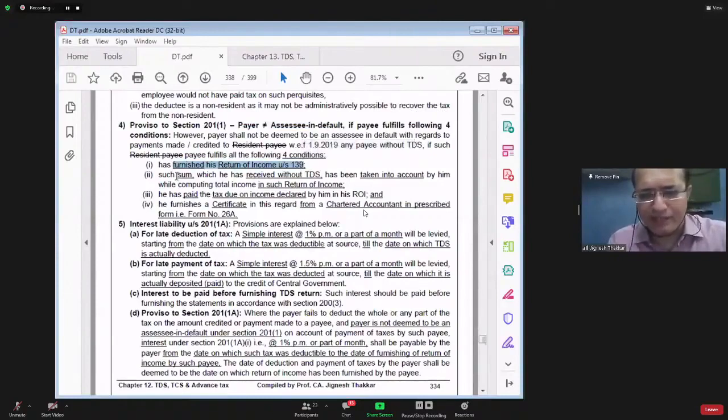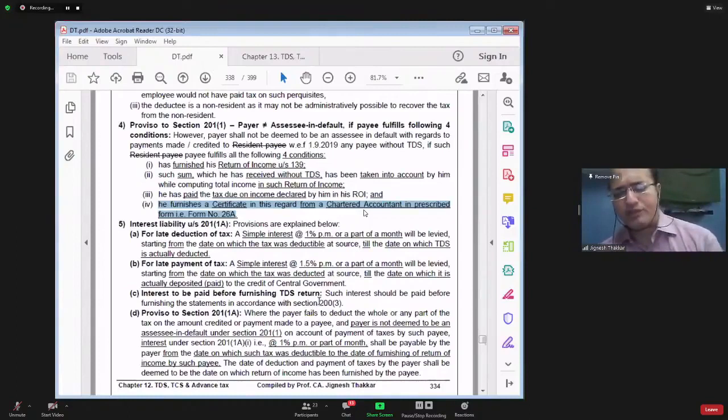Whatever amount the payee has received without TDS, the payee has taken into account while computing his income in the income tax return. And the payee has paid the tax on his total income declared in the return. And 4th point, the payer furnishes the certificate to the department. He has to take a certificate from a chartered accountant in form number 26A, and submit the copy of the certificate to the department.